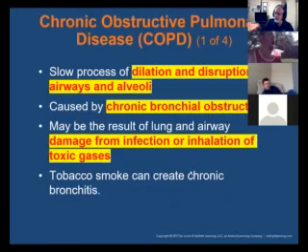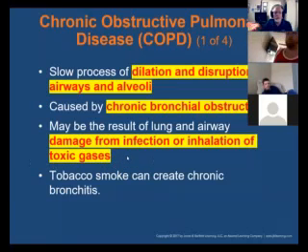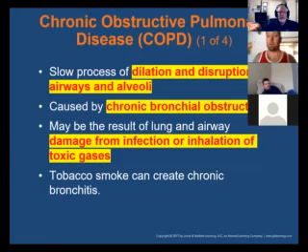Multiple causes, quite often years of intentionally inducing smoke into the lower airway all the way down to the alveoli, that damages the alveoli.